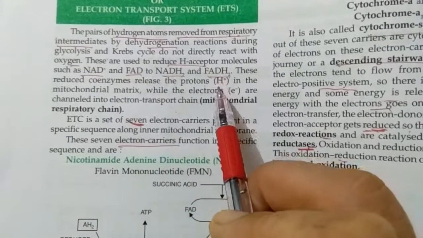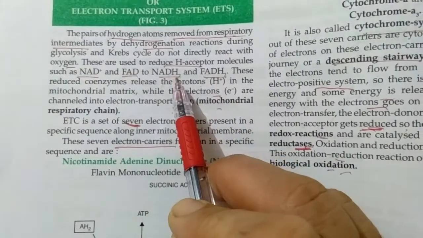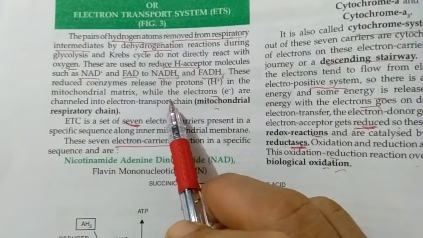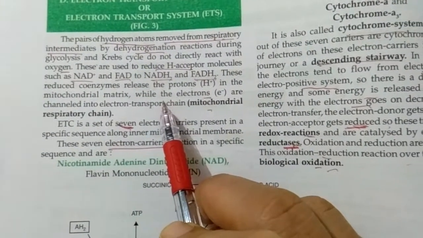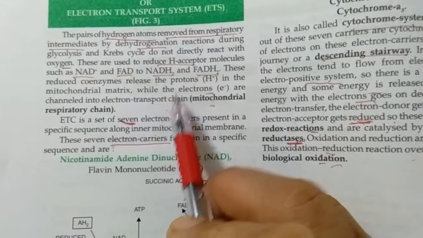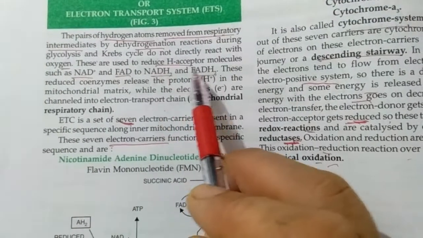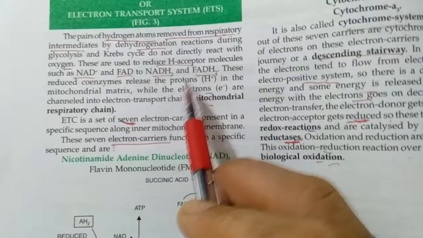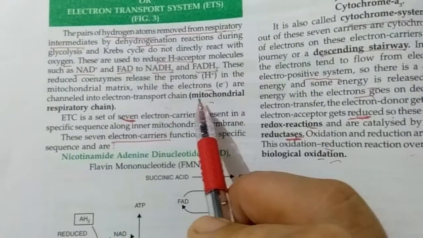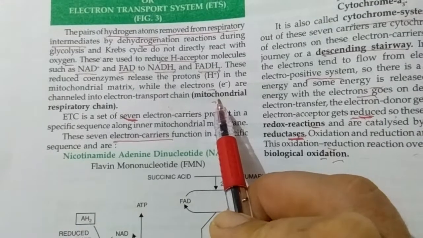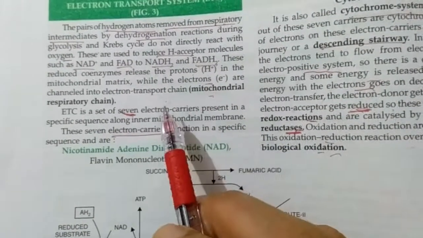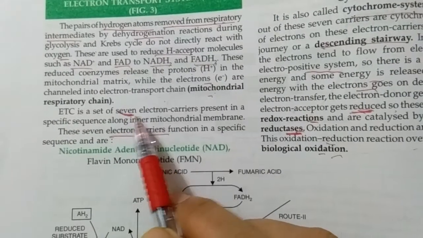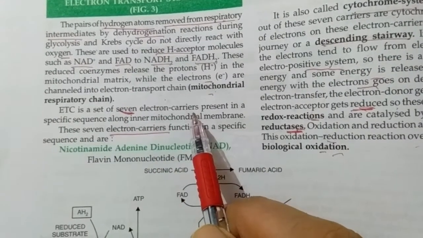Now these FADH2 and NADH2 will enter the electron transport chain, which is located on the inner mitochondrial membrane. These NADH2 and FADH2 are formed in the mitochondrial matrix, but the electron transport chain takes place in the inner mitochondrial membrane, because on the inner mitochondrial membrane there are 7 electron carriers present.